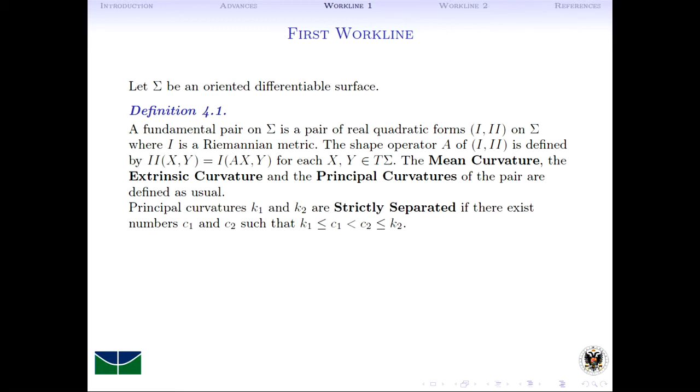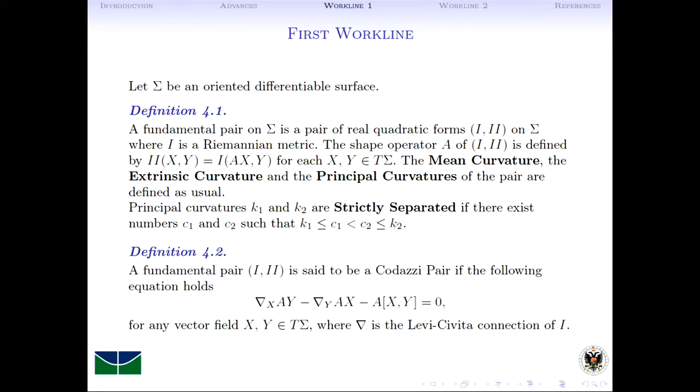We say that the principal curvatures of the pair are strictly separated if there exist two constants satisfying this inequality. A fundamental pair, I and II, is said to be a Codazzi pair if it satisfies the classical Codazzi equation of the theory of surfaces of R3.